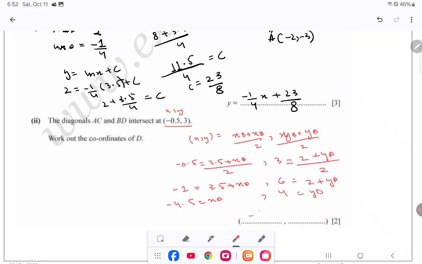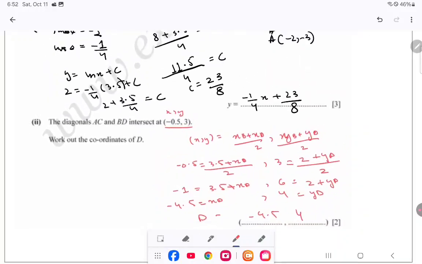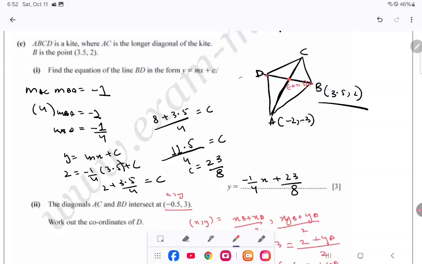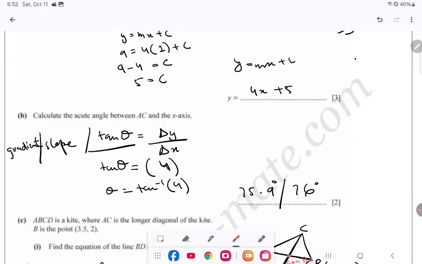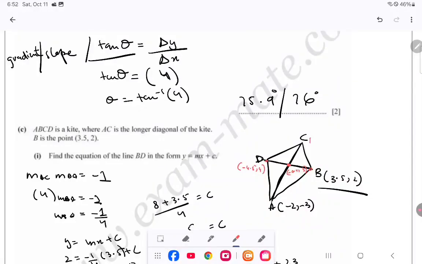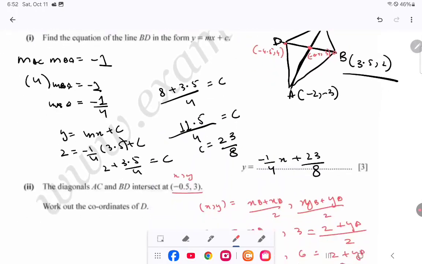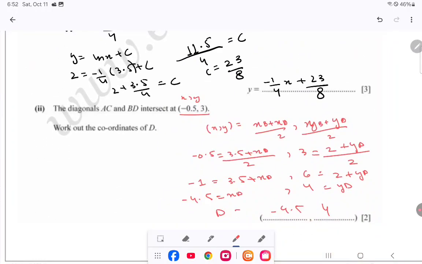So the point D is (-4.5, 4). The coordinates of C are also given here as (1, 9). So the midpoint of the intersection of BD and all the points are given. Thus this is the solution of question 5.